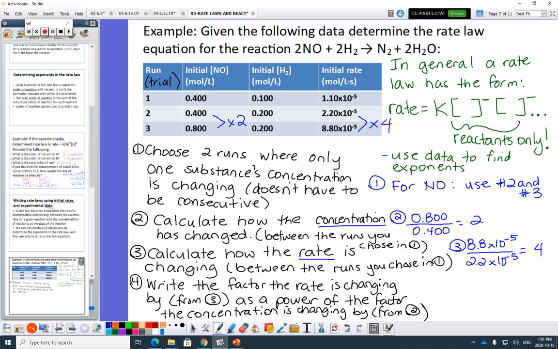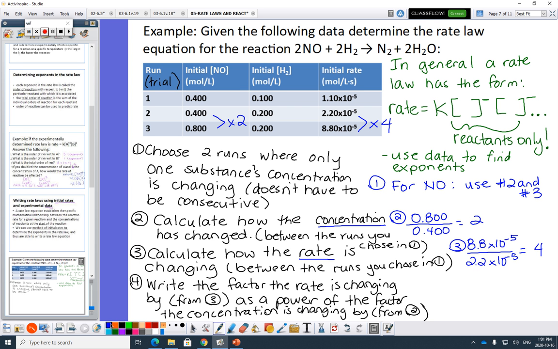So I need to write how the rate is changing, the factor, the 4, as a power of how the concentration is changing. Or I want to write 4 as a power of 2.